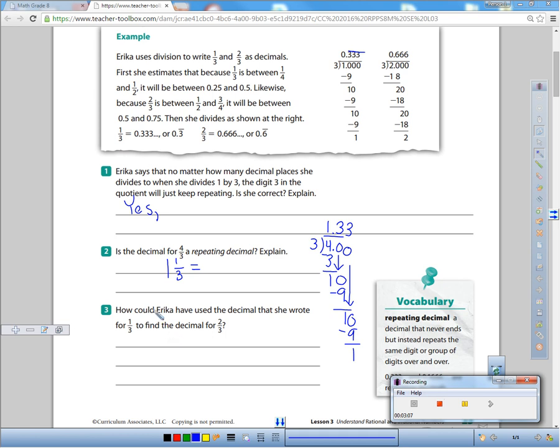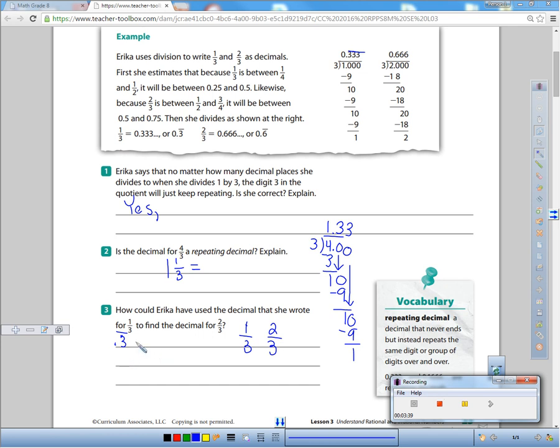Okay, number 3. How could Erica have used the decimal that she wrote for 1/3 to find the decimal for 2/3? Well, if you look at 1/3 compared to 2/3, okay, so here's the difference between the two. So 1/3 I know is 0.3 repeating. Okay, we figured that part out.